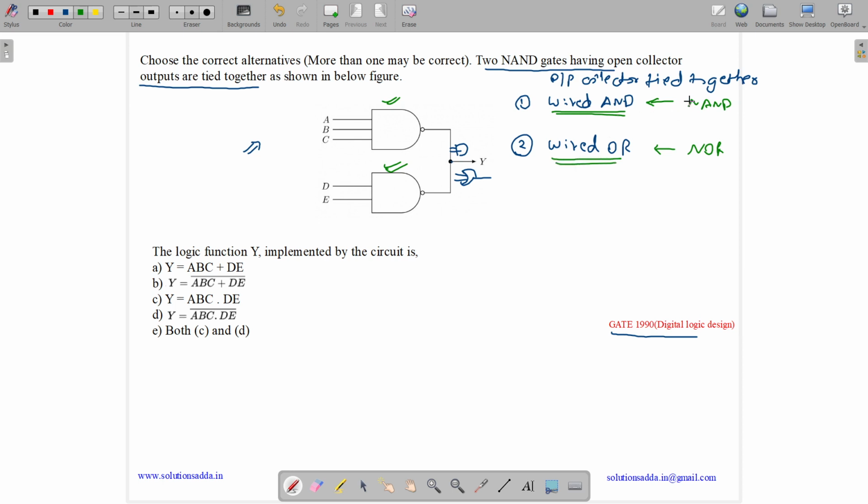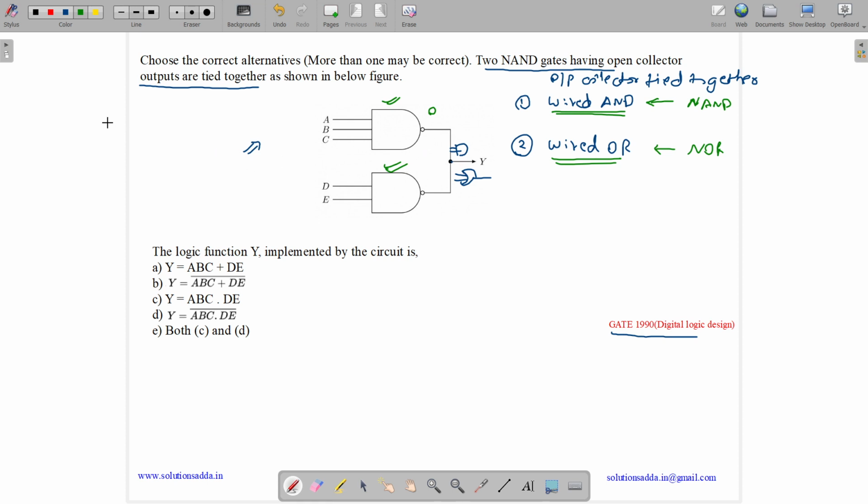The reason for the first one behaving like a wired AND gate is because the output of a NAND gate is low whenever all the inputs are high, and this overall circuit will output a low signal whenever all the gates output a low signal.